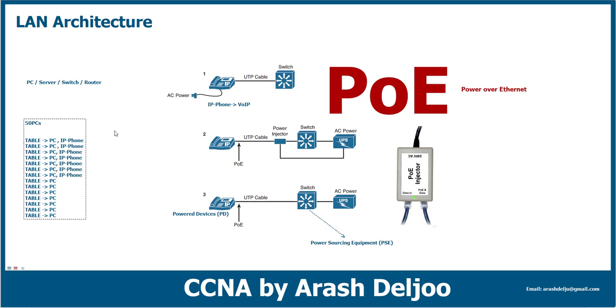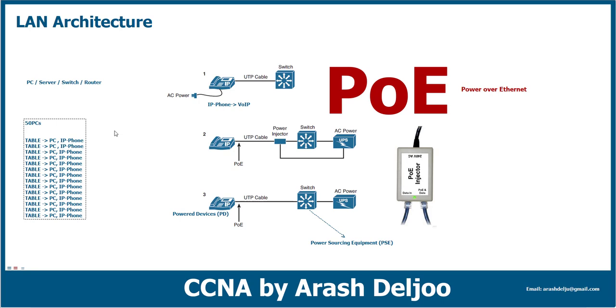This means that if you have 50 PCs, you need 50 IP phones and you need 50 more power outlets. And this means that again, you need to construct the power. And after that, you should install some power-supplying devices near the table of the employee. And this is not so easy.